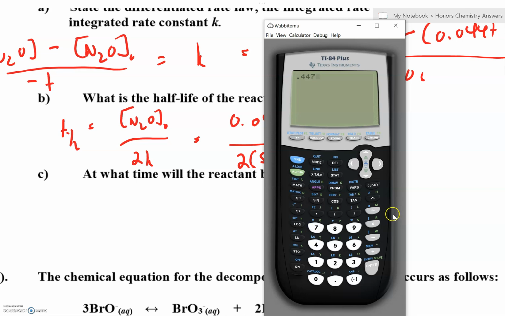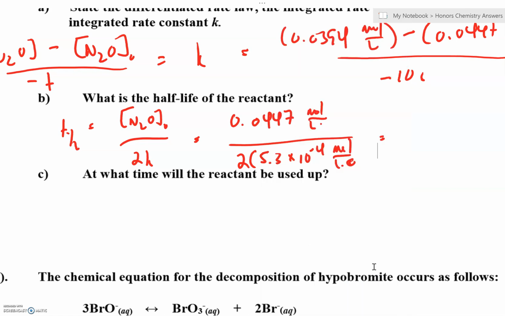So we'll say 0.0447 divided by the quantity of 2 times 5.3 times 10 to the negative 4. This is our half-life, 42 seconds, 42.17 seconds.